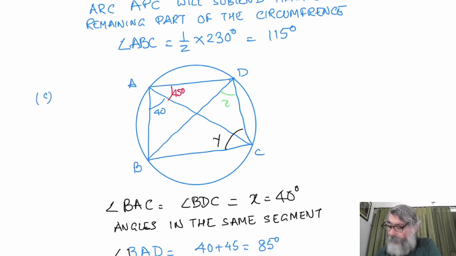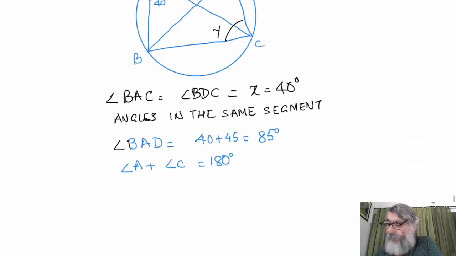Angle A plus angle C will be 180 degree. Why? The reason being the opposite angles of a cyclic quadrilateral are supplementary.